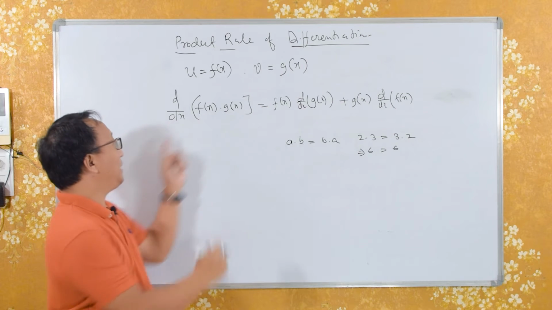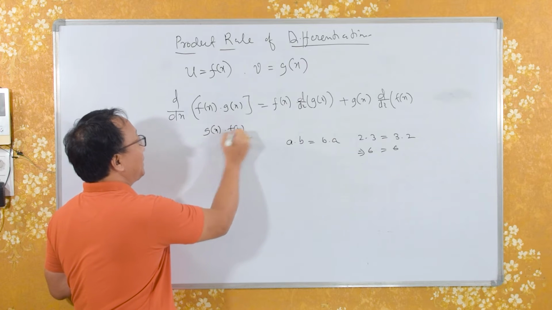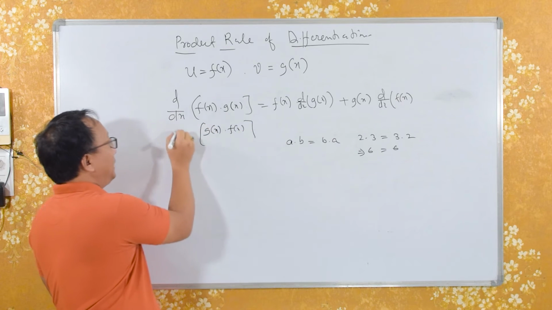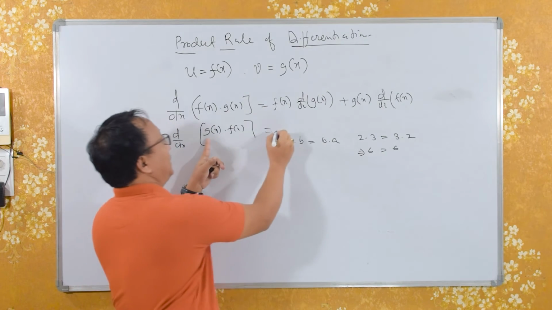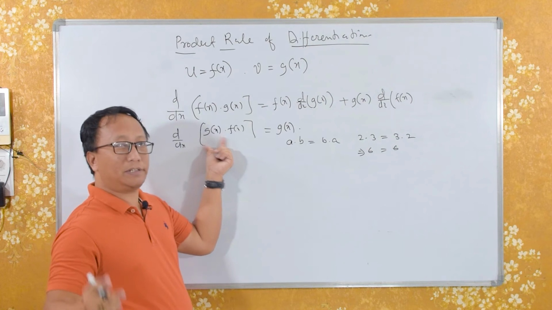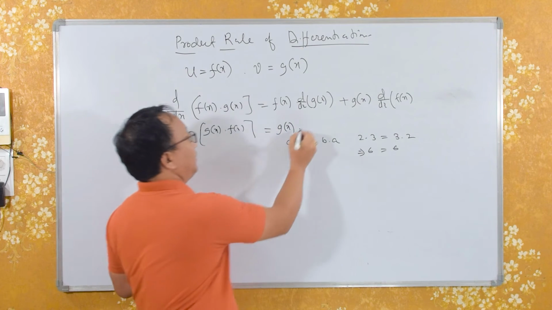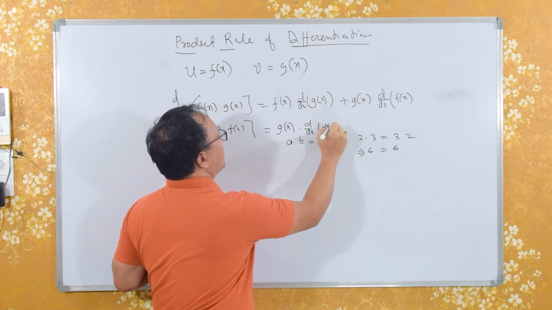If you change it, if you take g of x first, then dy dx will be g of x, keeping the first function as it is, then differentiate the second function f of x.